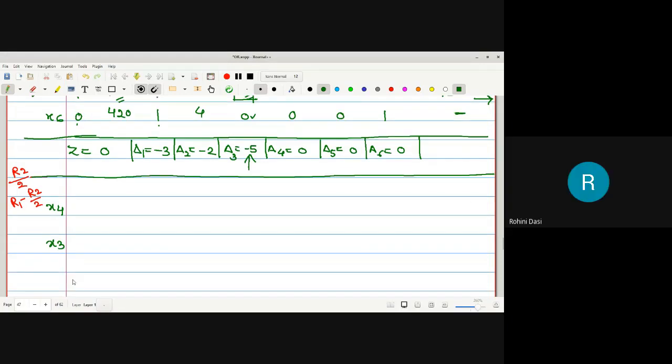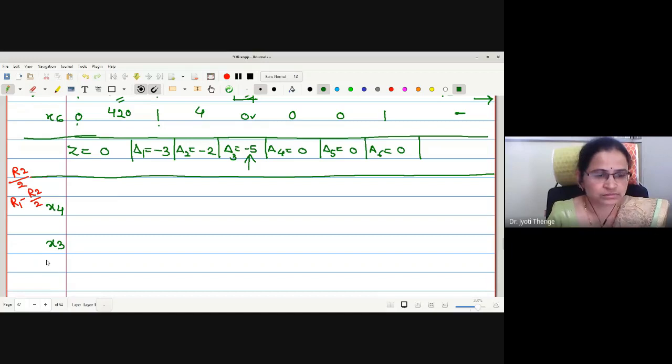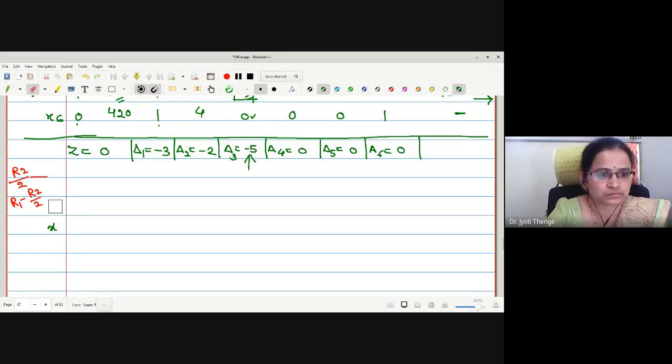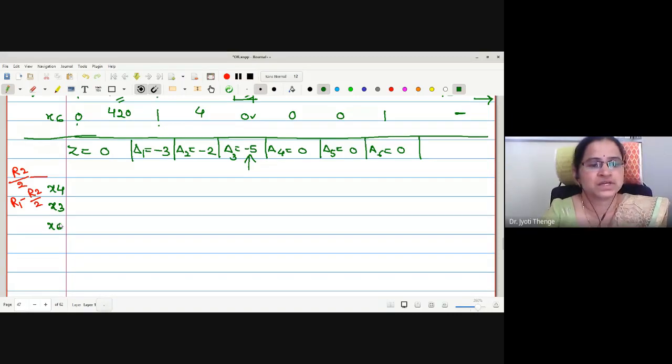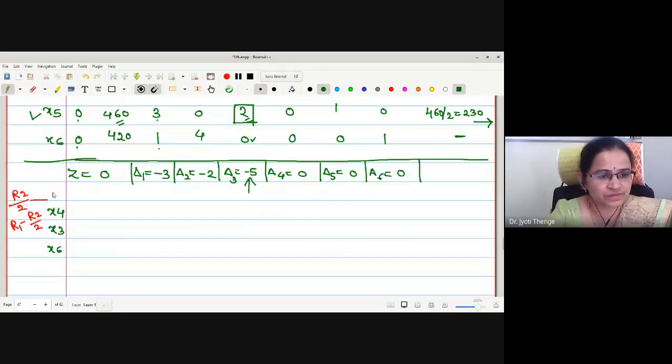And X6 also as it is. X4, X3 and X6. Is that clear? Instead of X5 we have written X3, the entering variable, correct?